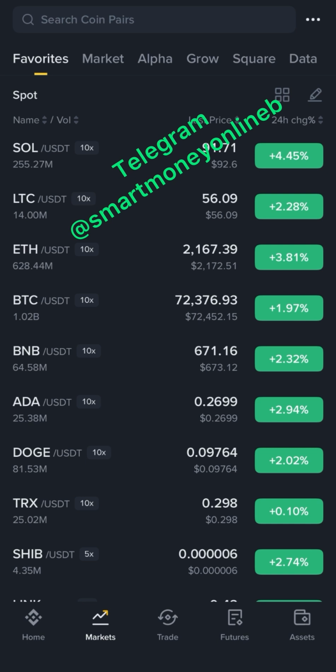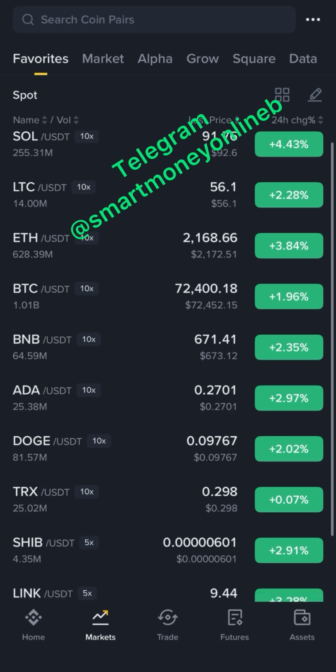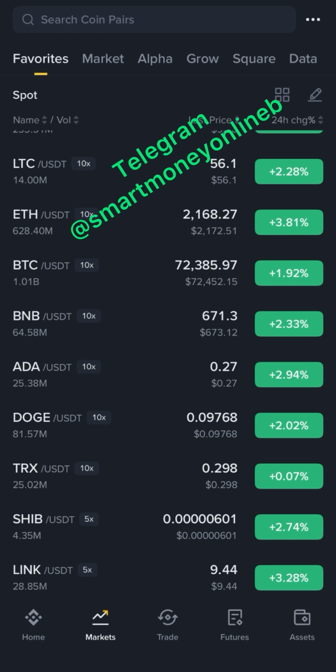So currently I want to show you guys an example of how this arbitrage actually works. First of all, you need to have a Bybit account or a Binance account, or any account that you can use to accept and receive cryptocurrency.